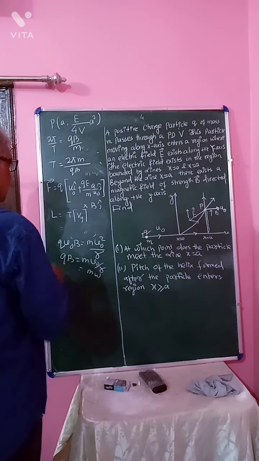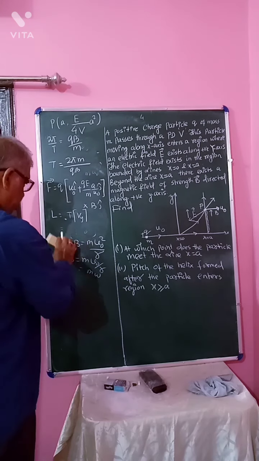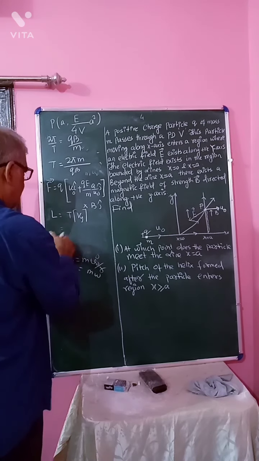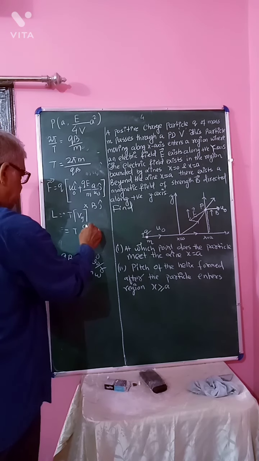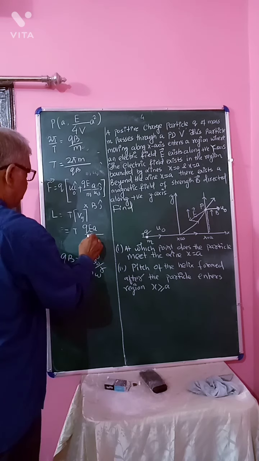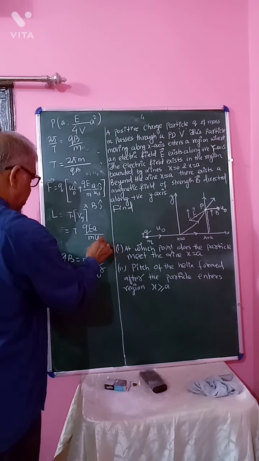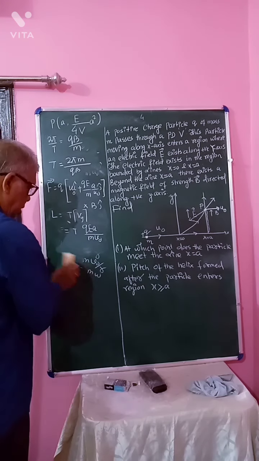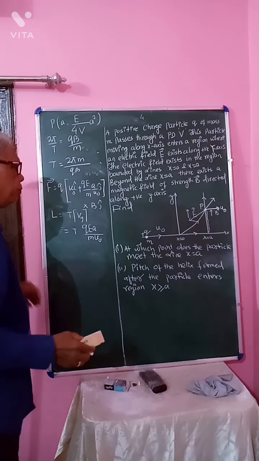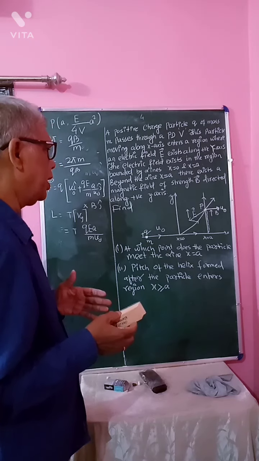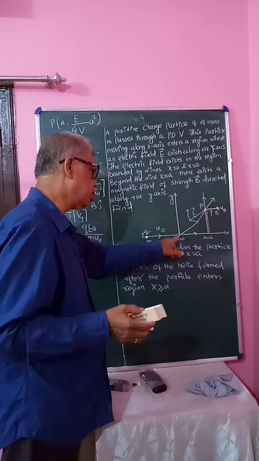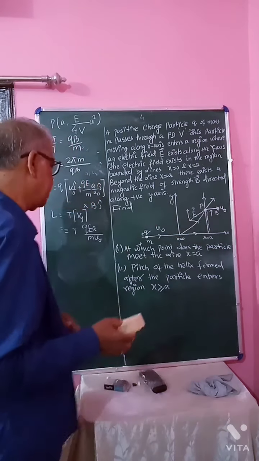Now what is vertical motion? Vertical component of motion is qEa by m u0. This is the vertical component of motion that the charged particle has gained while moving from x0 to x equal to a.